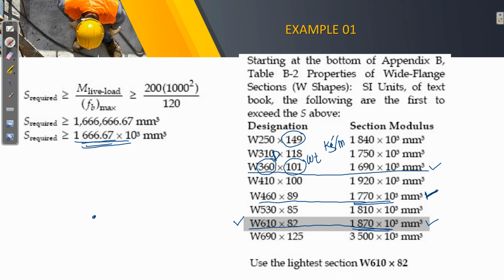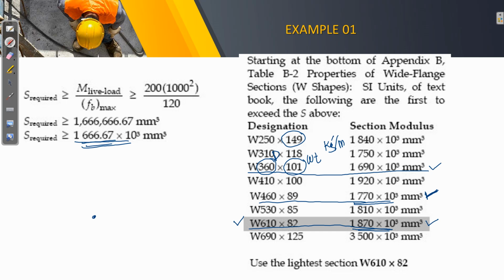Okay, so remember that the purpose of this economic section is to get really the economic section that is also resistant to your loading. Okay, is capable in resisting your required loading.